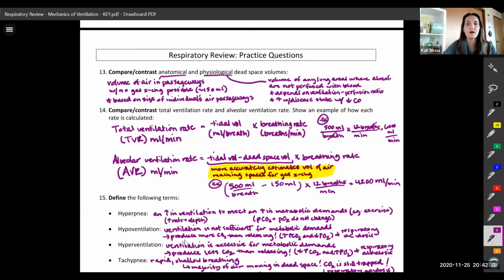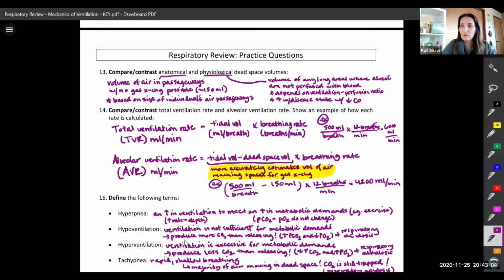However, that's based on an average sized male. The actual anatomical dead space should be calculated for the individual based on their body size. But we'll just use 150 milliliters as our normal value, if you will, for anatomical dead space.